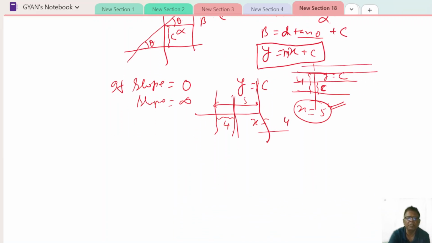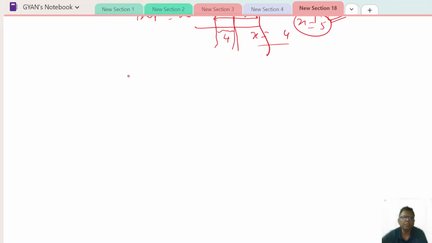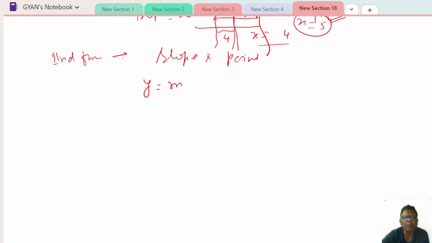Now come to the second form of the straight line. The second form is slope and point. So we have derived y equals mx plus c. One point is there, that is x1, y1, and the slope is m.